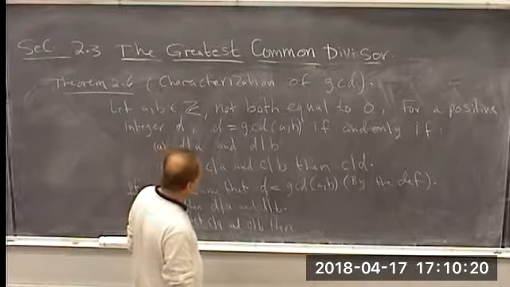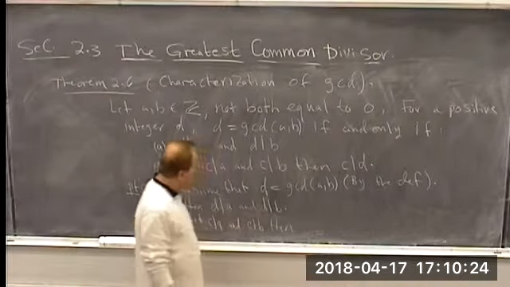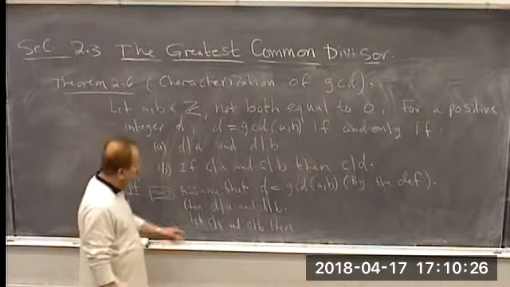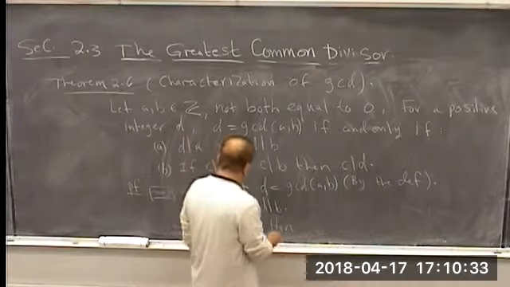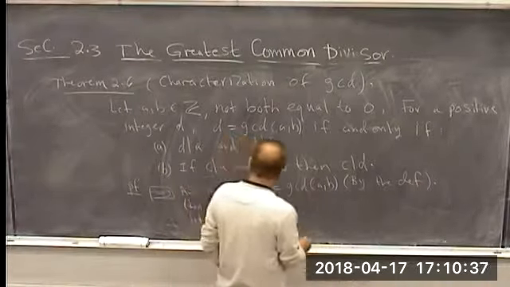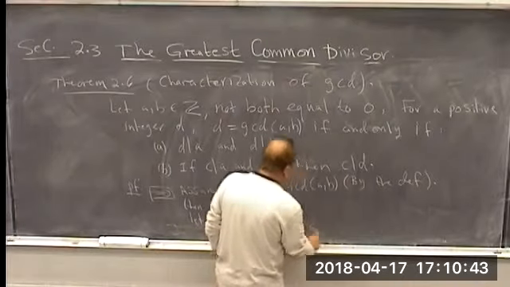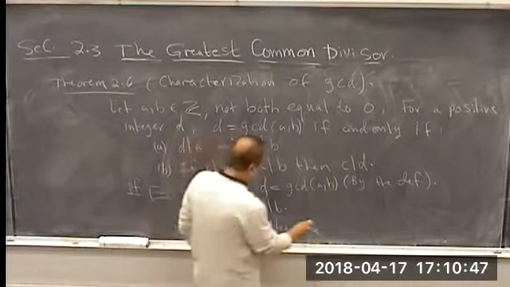So in this case, we have, this is a common divisor for A and B. Then we know that actually C must be less than or equal to D. All right?